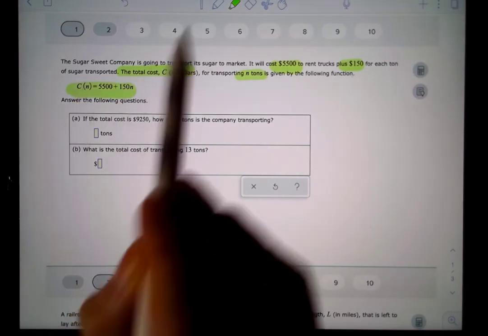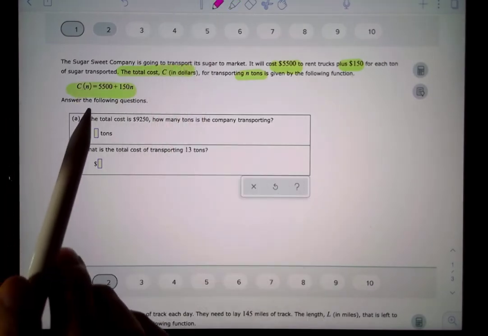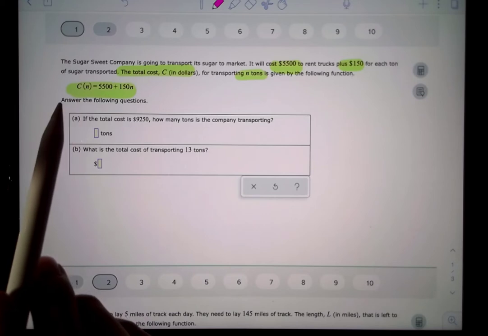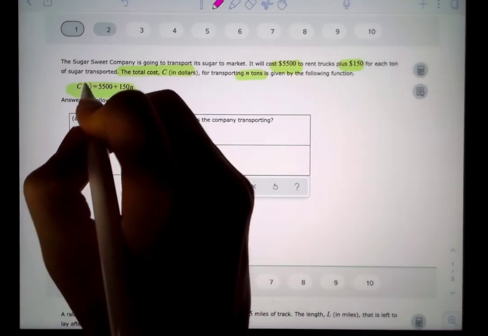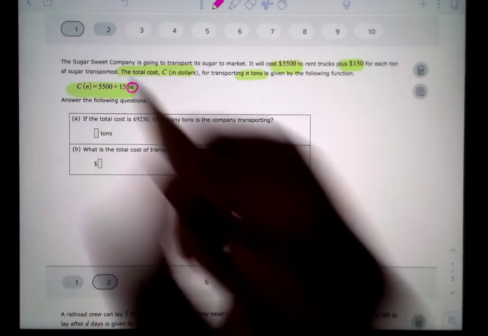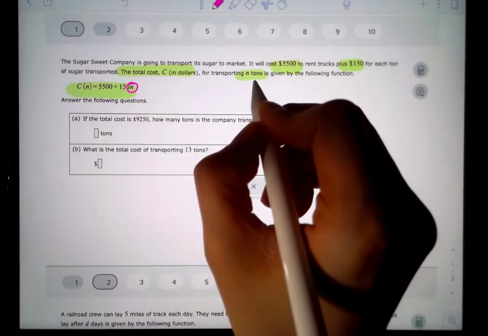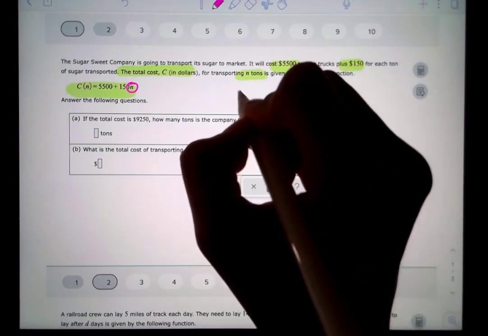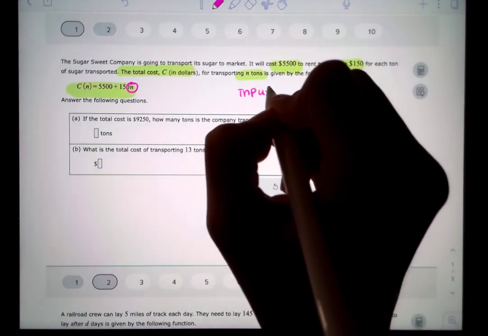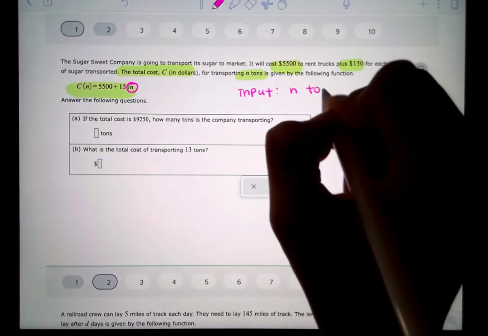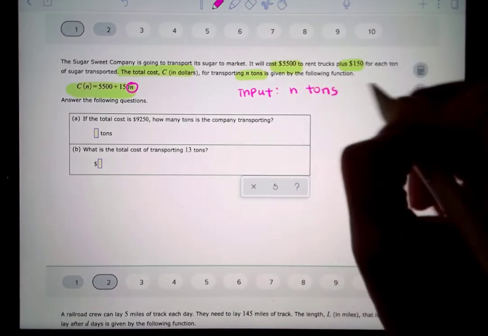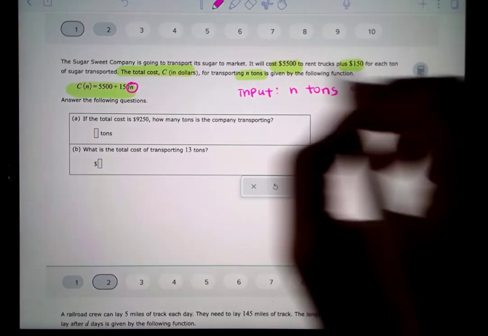And look at this function. What is your input? What do you put in and what do you get? Look, you're plugging in N. You're plugging in what? The number of tons. So this is your input. So my input is tons of sugar.